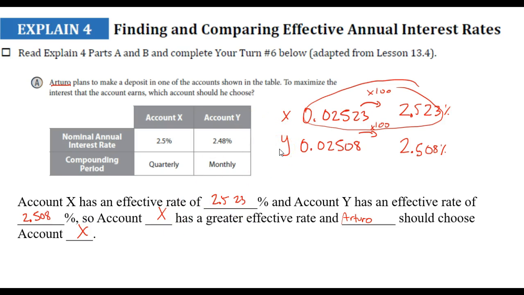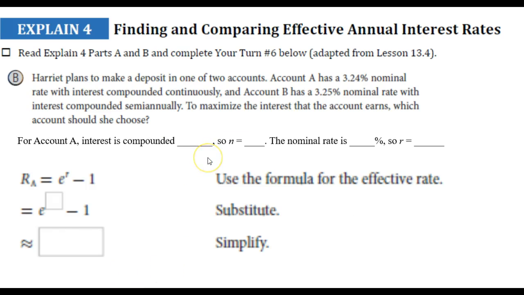So let's try part B. It says Harriet plans to make a deposit into two accounts. Account A yields a nominal rate of interest compounded continuously, whereas account B is 3.25 compounded semi-annually.